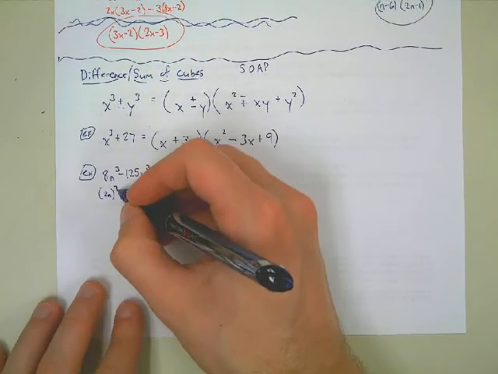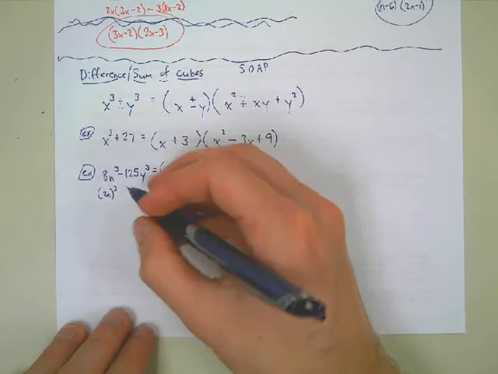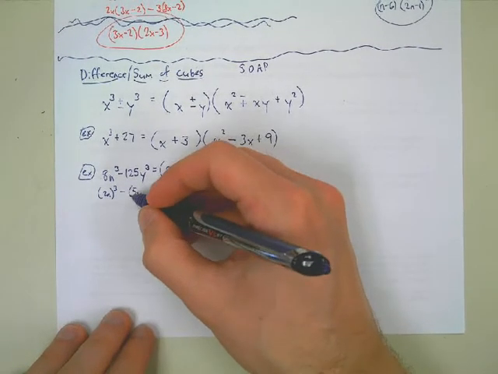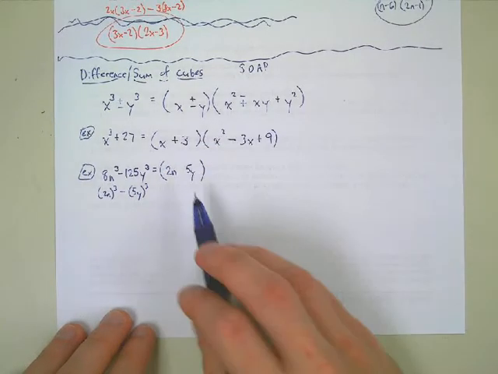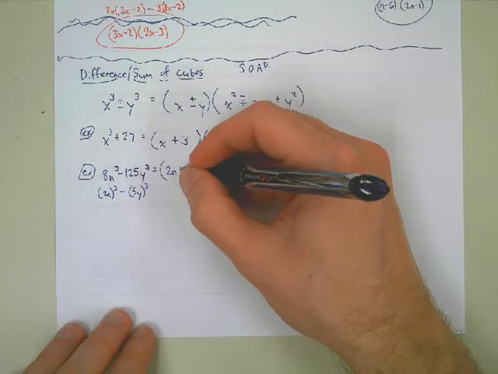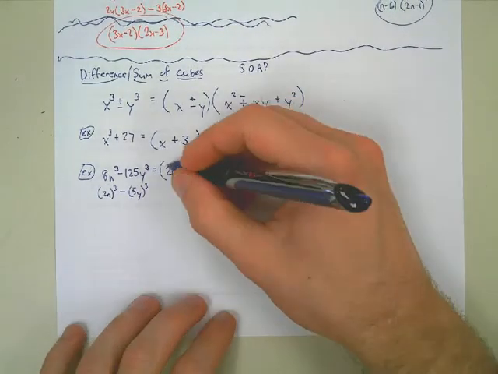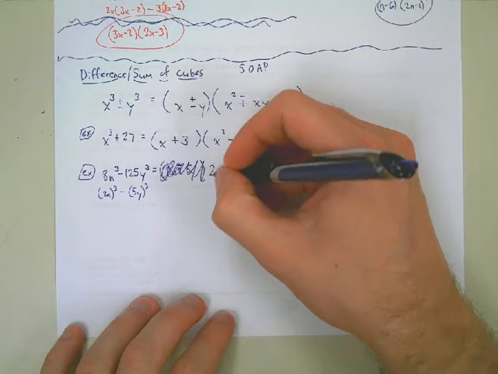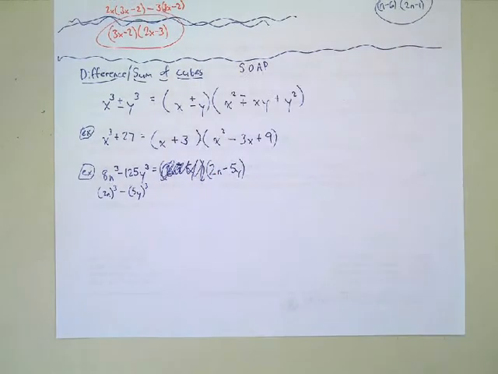And then minus, and then what's this second thing? It's 5y quantity cubed. So here it'll be 5y, and the sign is going to be minus. So 2n minus 5y.